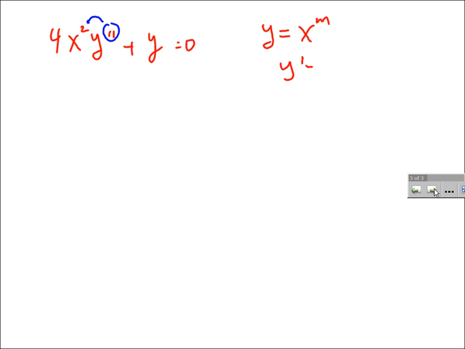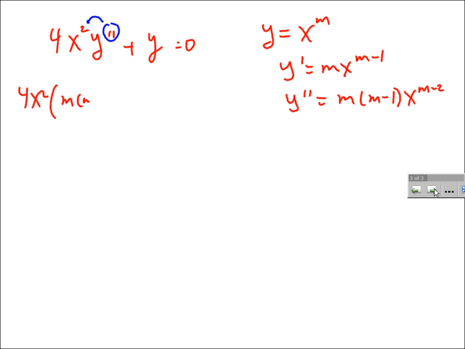Okay, y prime will be m x to the m minus 1, and y double prime will be m times m minus 1 x to the m minus 2. So you have 4x squared times m(m minus 1) x to the m minus 2 plus y, which is just x to the m.